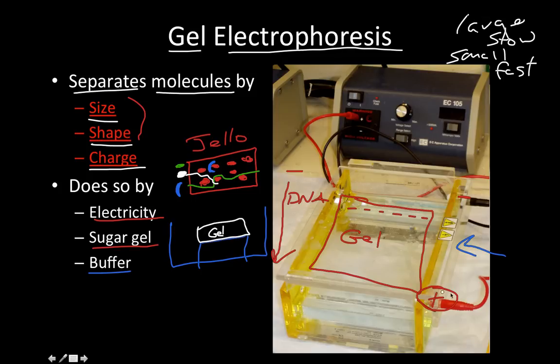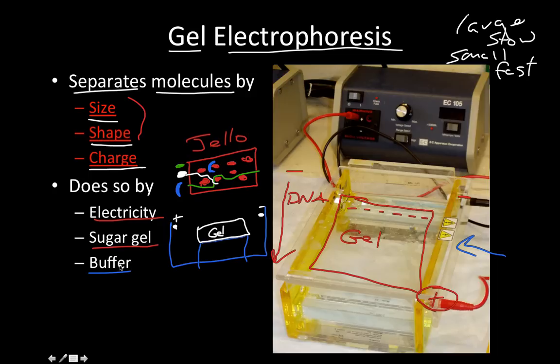As you can see here and here, that's where our anodes and our cathodes are, where the electricity is going to go in. Well, right now we don't have a way for the electricity to go through the gel. If we hook the electricity up straight to the gel, it would fry the gel and that wouldn't work.